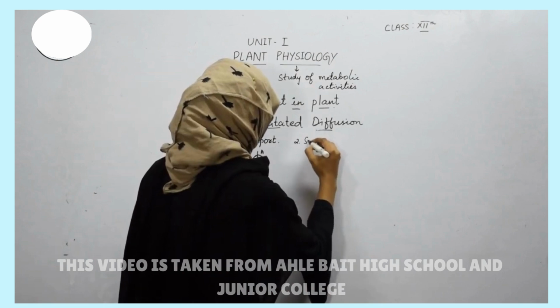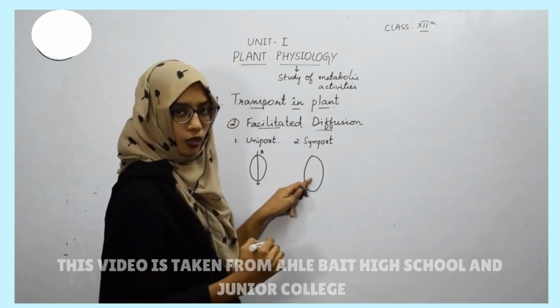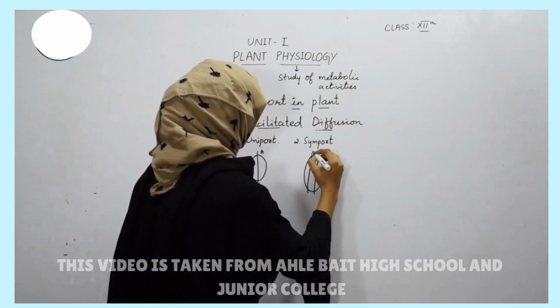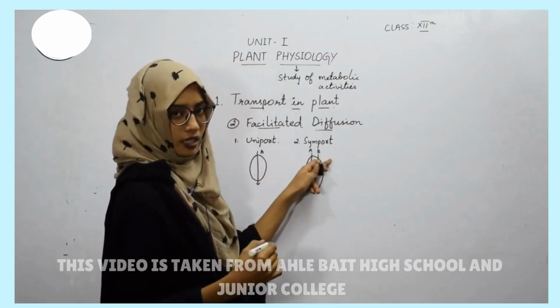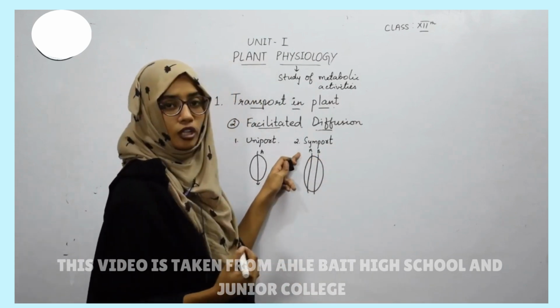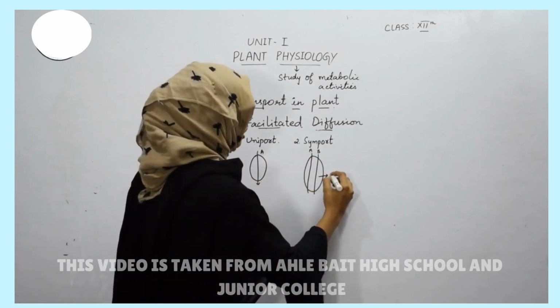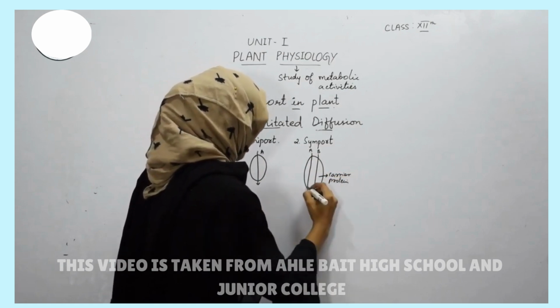The second one is symport, and in this type the carrier protein helps to transport two molecules at a time. Let us take two molecules A and B. These two molecules are getting transported by this carrier protein inside the cell in the same direction.